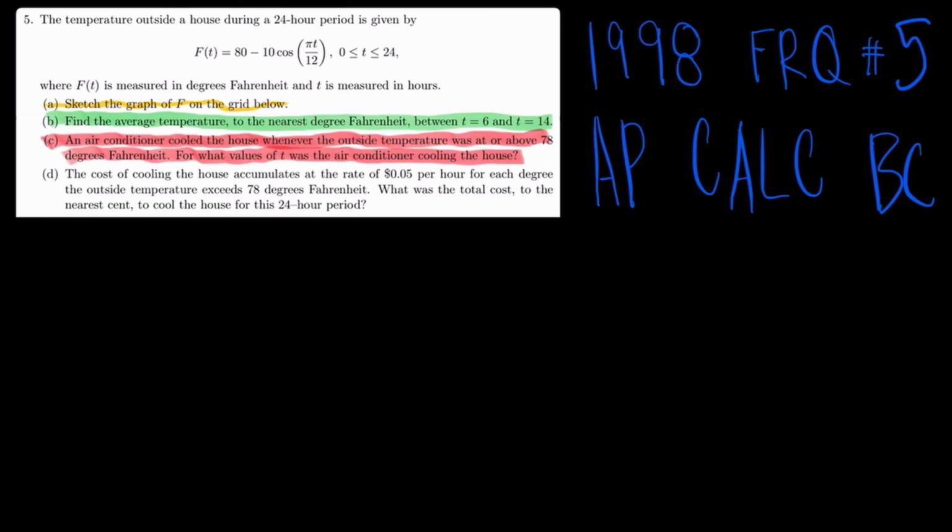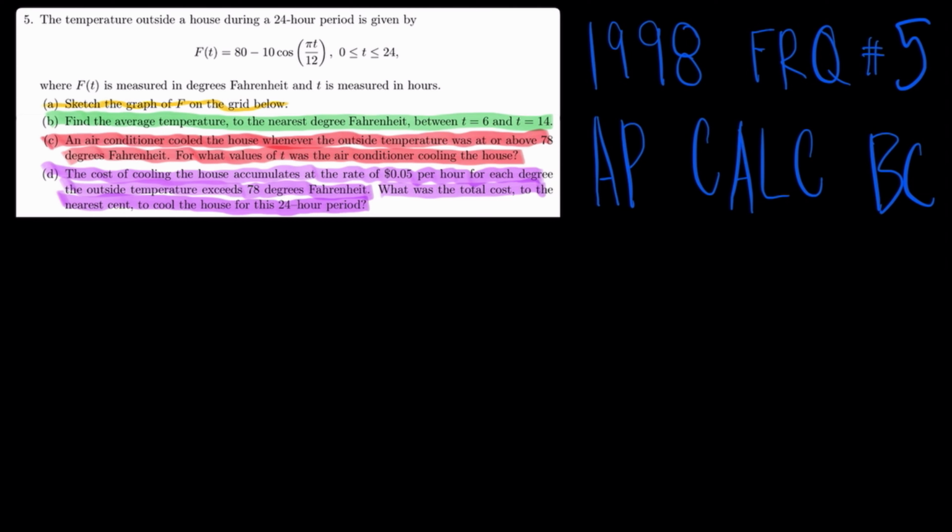For the final step of this FRQ, we are told that the cost of cooling the house accumulates at the rate of $0.05 per hour for each degree the outside temperature exceeds 78 degrees Fahrenheit. What was the total cost to the nearest cent to cool the house for this 24-hour period?